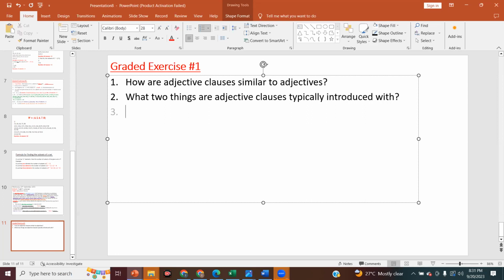Number 3, give 2 examples of relative pronouns.